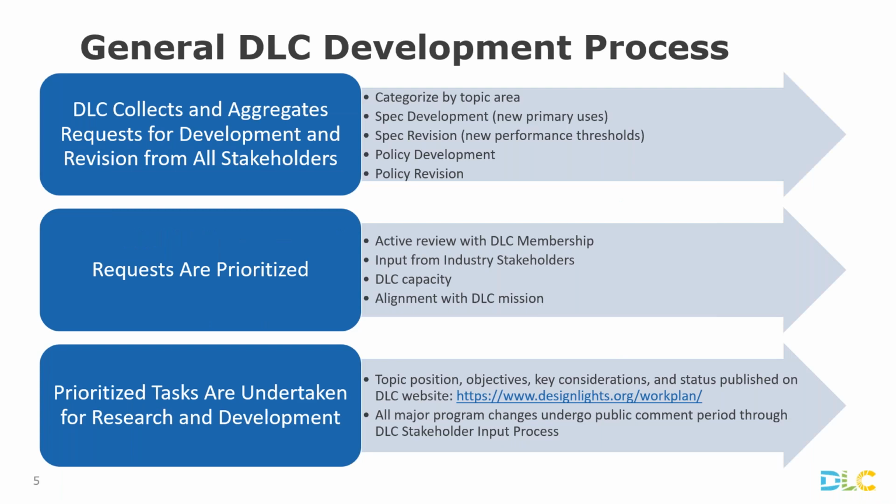So how do we go through our development process? Well, we certainly don't just sit around and idly daydream about what would be an interesting thing to work on. We hear from people all across the industry, end users, utility programs, manufacturers, test labs, standards bodies, almost every single day about things that we could do better, do differently, or areas where we could add more value to the landscape.